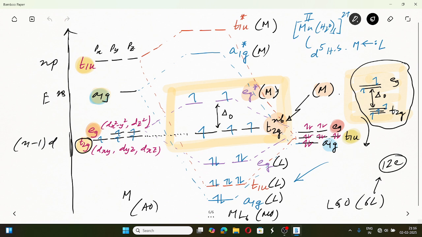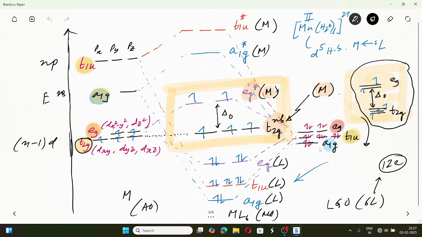Then T1u and T1u combine to form T1u and T1u star. And Eg and Eg are linearly combined to form Eg and Eg star. And the T2g from the metal side will be transformed to T2g non-bonding.